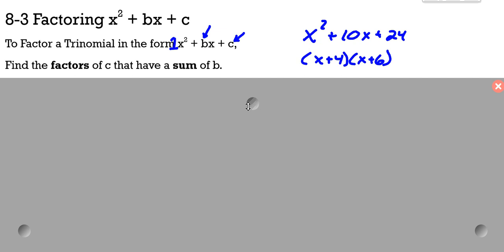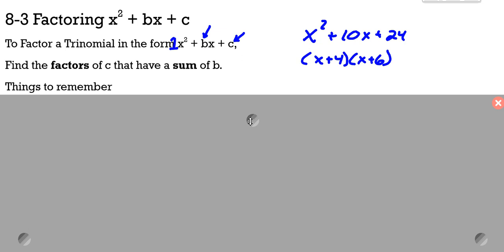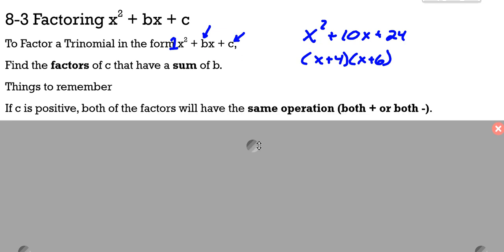Let's expand this out a little further, because if we can look at these binomials and see what's going on, we can actually do a lot of this process without doing really any computations whatsoever. It's kind of nice. So what we want to remember is if c is positive, if this number here is positive, or if the operation is addition in the trinomial, then both of these binomials will have the same operation.